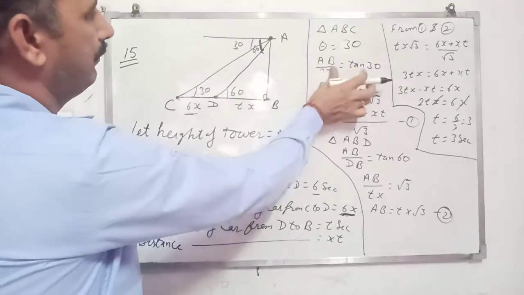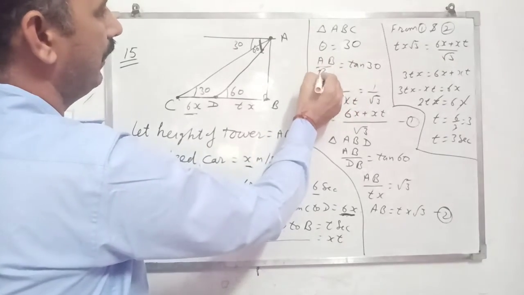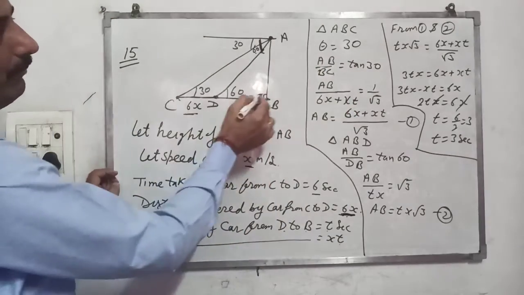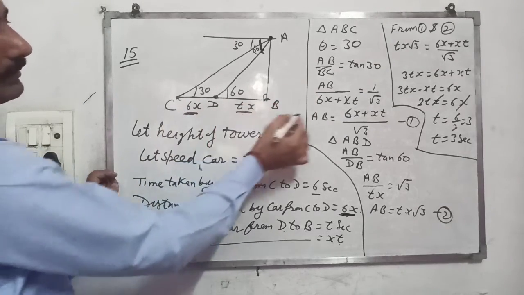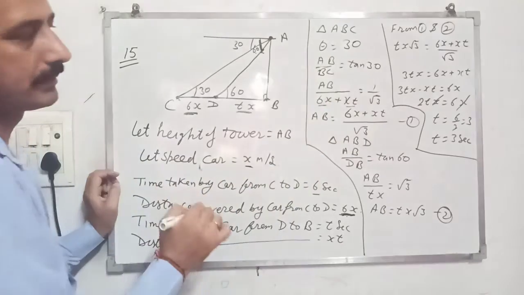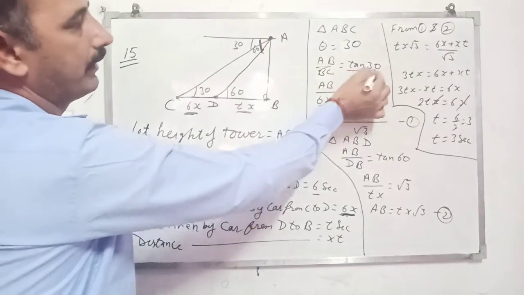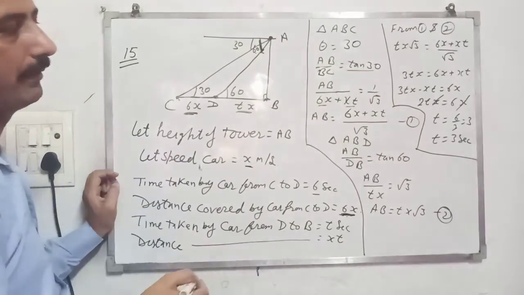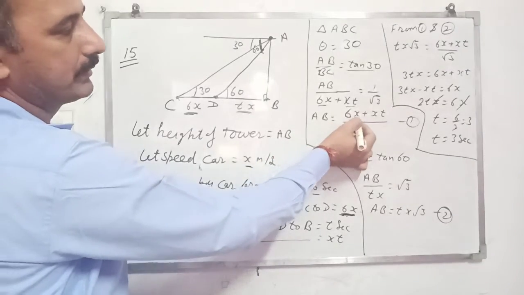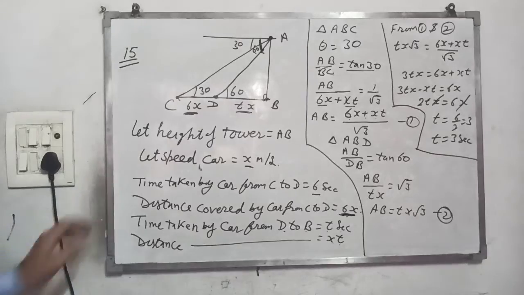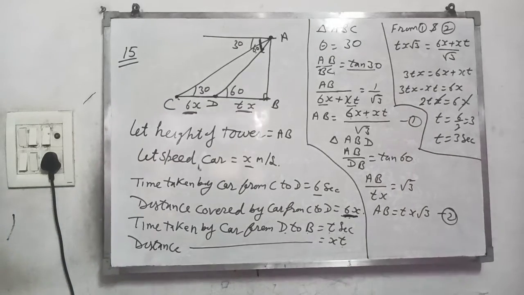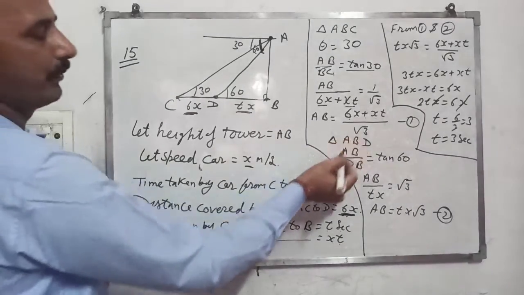BC is 6x plus tx, and tan 30 degree is 1 upon root 3. So AB equal to (6x plus xt) upon root 3.